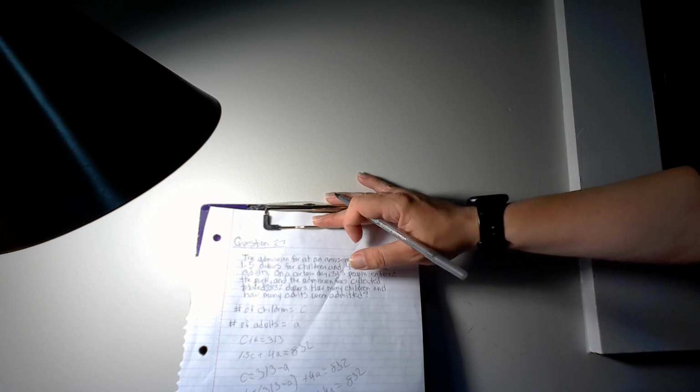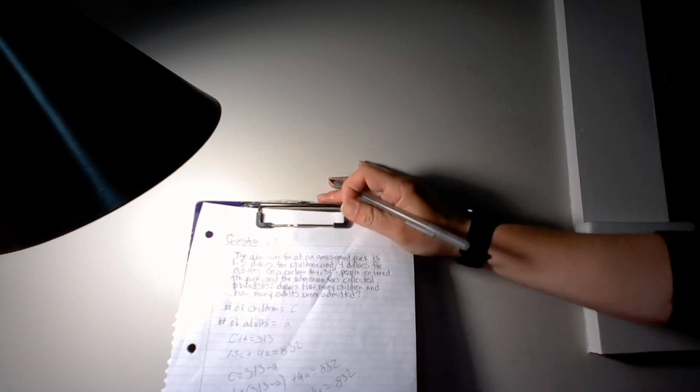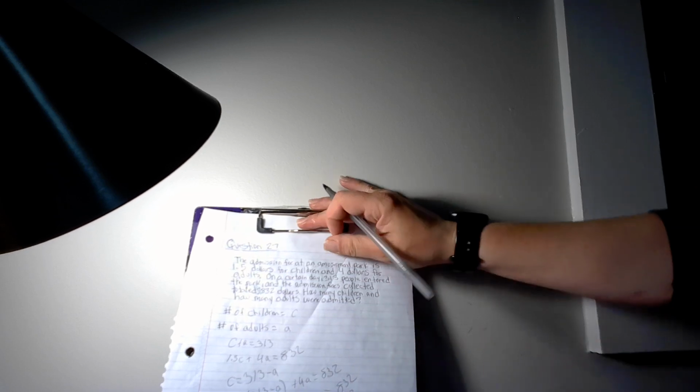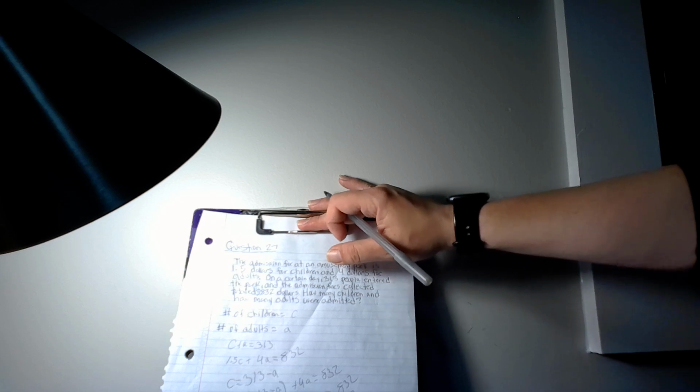After that step, you would reduce it to 469.5 plus 2.5A would equal 832. Therefore, 2.5A would equal 832 minus 469.5, which would equal 362.5.